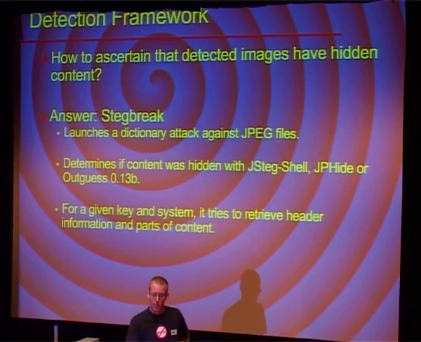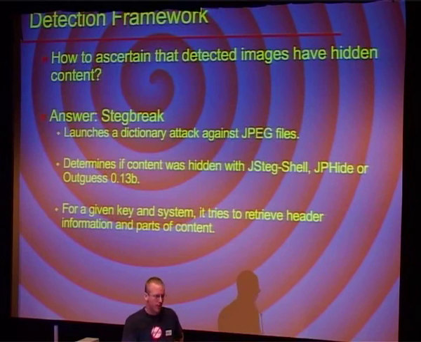In order to really make sure, I need to do something else. And the obvious solution is, since all these programs work with user-supplied passphrases, there's encryption and the way that bits are selected depends on that key. The simple solution would be to try all kinds of passwords and see if we can actually retrieve hidden content out of these images.